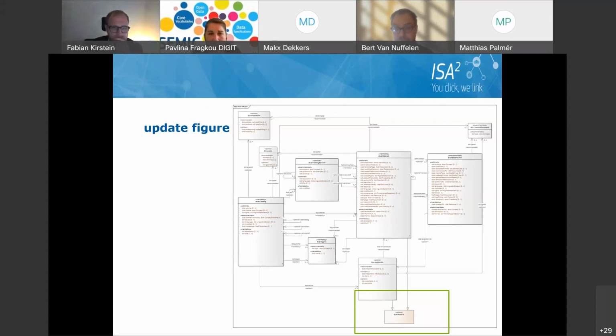So nothing has changed except that we now have the DCAT resource visible in the figure to indicate that we are compliant and inherit from DCAT. Any comments on this? That's the change from last time. It was agreed last time to do that.